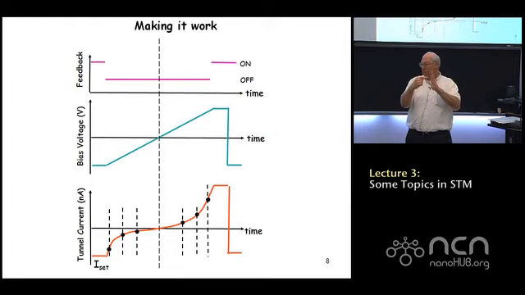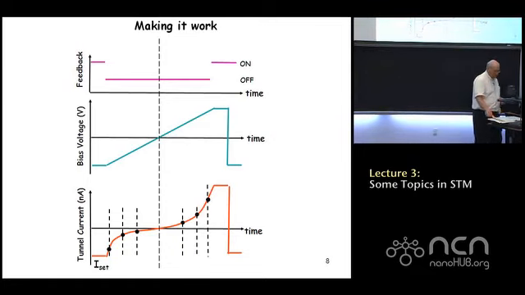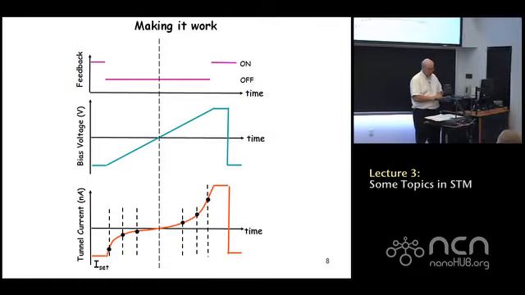This allows you to ramp the voltage in a controlled way and measure the tunnel current. But if the tip is drifting in or out after the feedback loop is off, this is tough. This is very hard to deal with. So it's a beautiful measurement, but it requires a lot of care to ensure that you do it correctly.